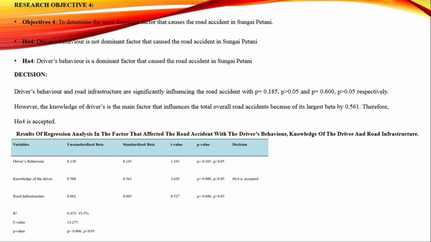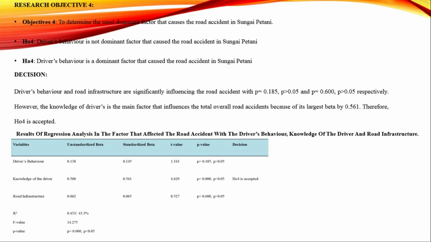Driver's behavior and road infrastructure are not significantly influencing the road accident, with P equal to 0.185, P more than 0.05, and P equal to 0.600, P more than 0.05 respectively.